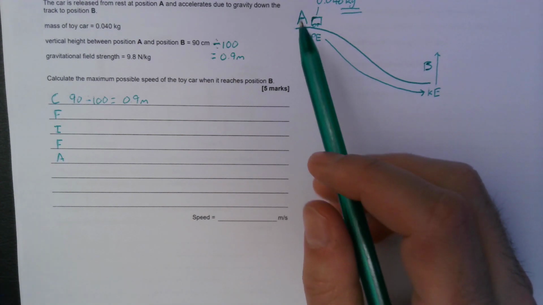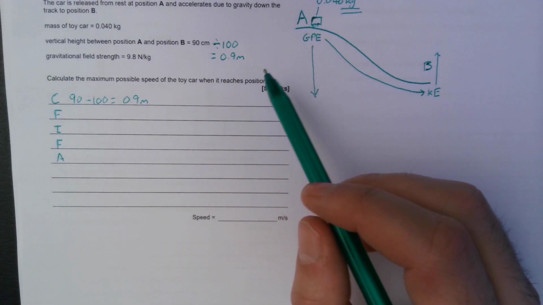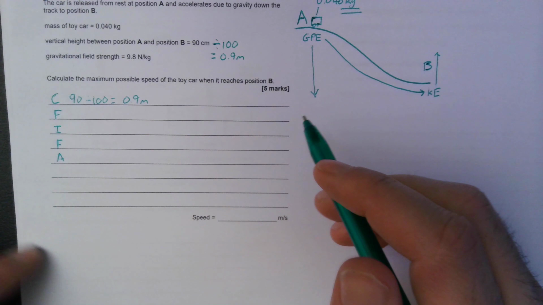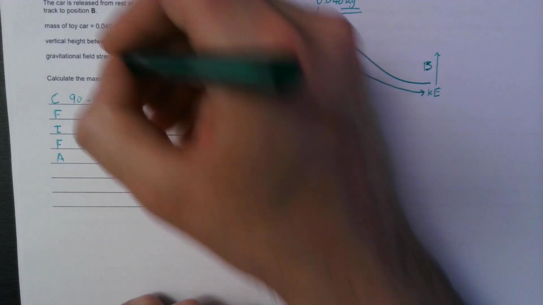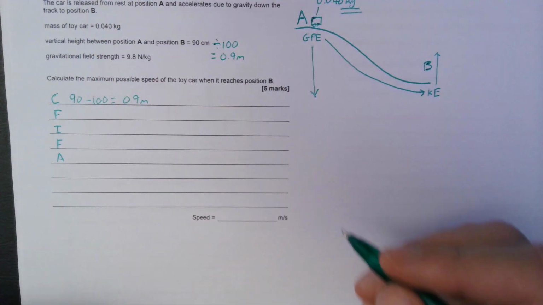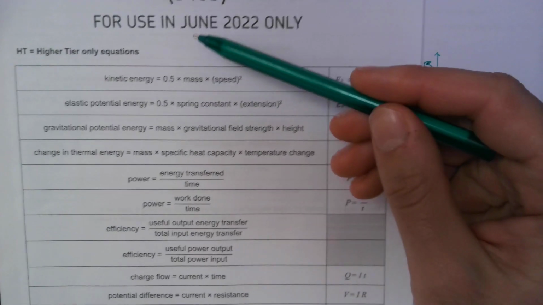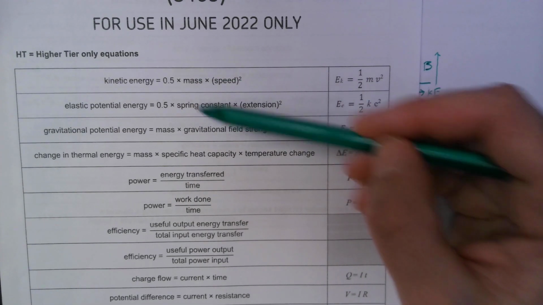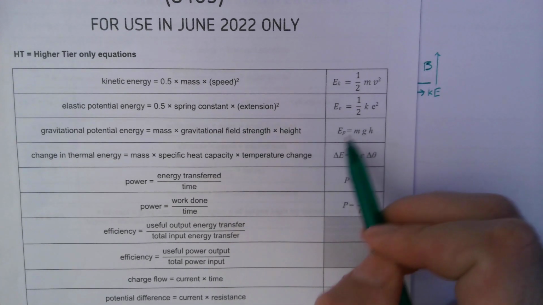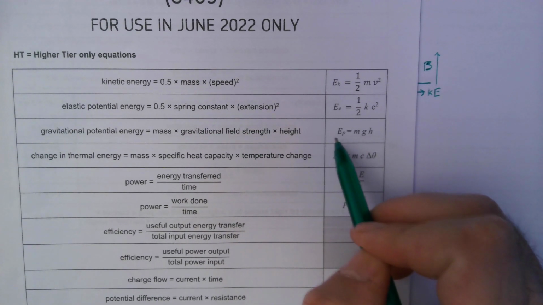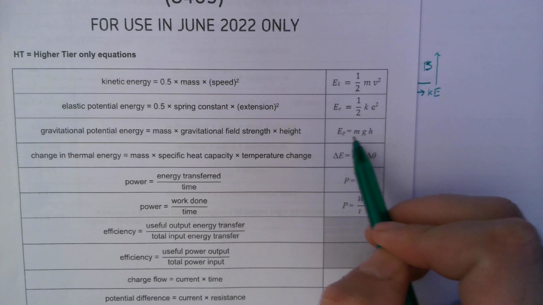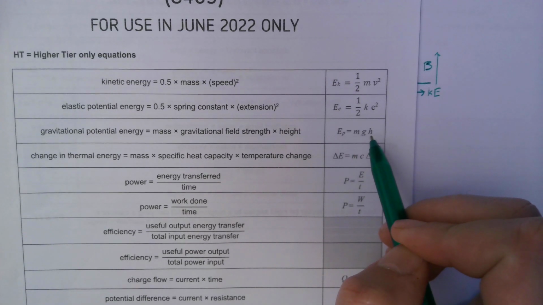Okay, so we need to find the equation with gravitational potential energy, and the key clue here is you've got gravitational field strength, which is 9.8. So we're going to go down and look for gravitational potential energy. So if we go down, not that one, but we've got that one, and we're going to use that. EP, which is gravitational potential energy, equals mass times gravitational field strength times height.